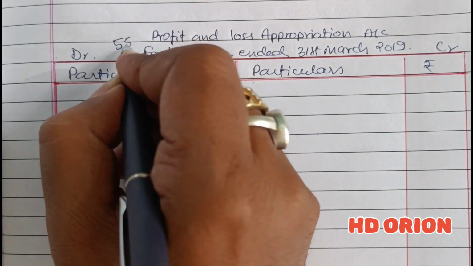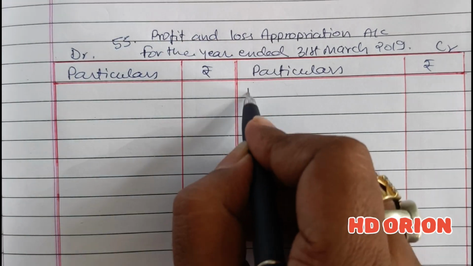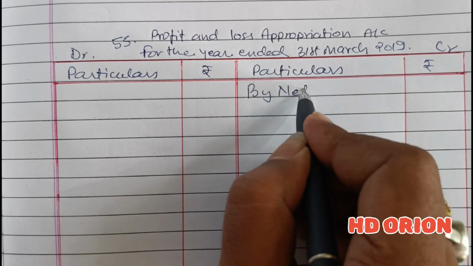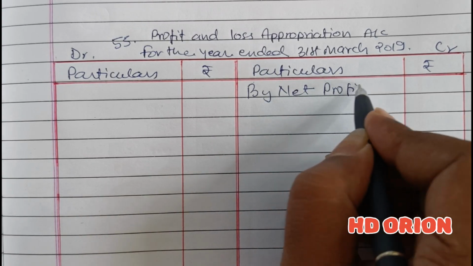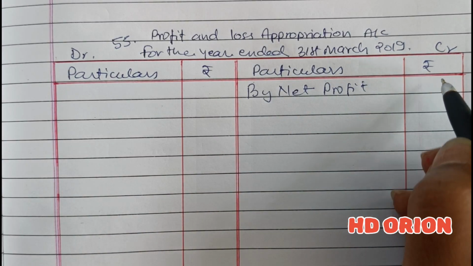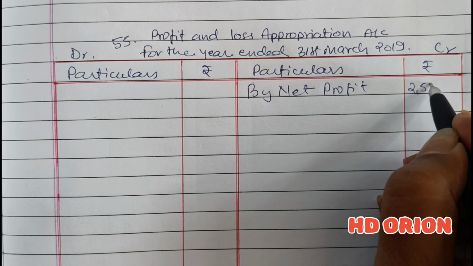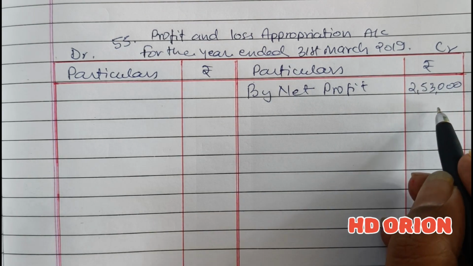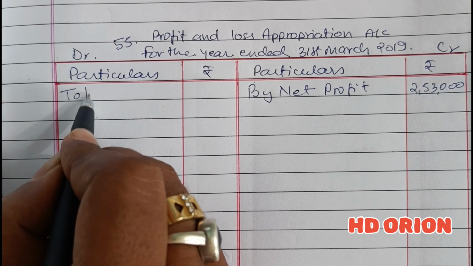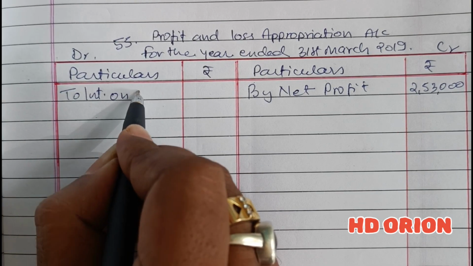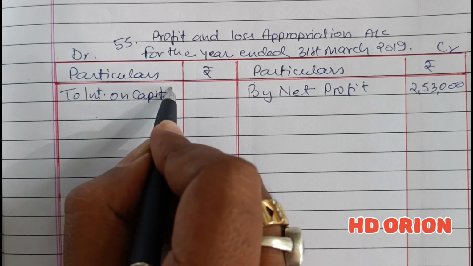Now solution 55 we will see. Net profit is given to us in the question, and we have to show the appropriation of this. So it is 2,53,000 given in the question. Out of this we have to give interest on capitals.